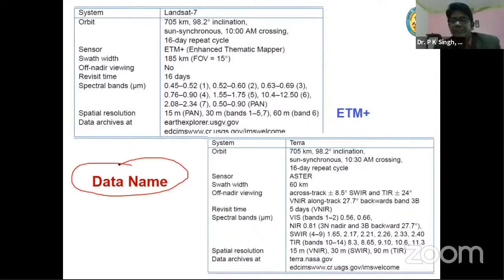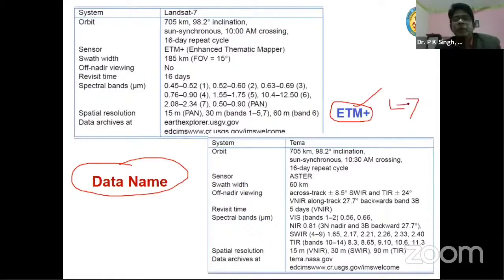So remote sensing data is named on the basis of the sensor, like LISS 3 data, ETM plus. See here, ETM data, we call ETM plus data. So ETM plus is the sensor which was fixed on Landsat 7.